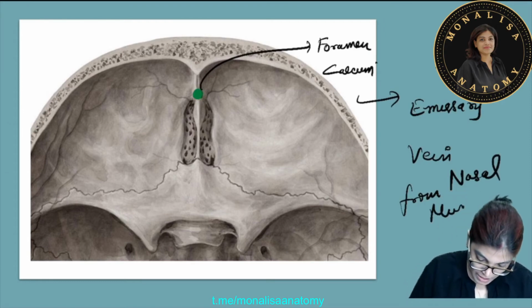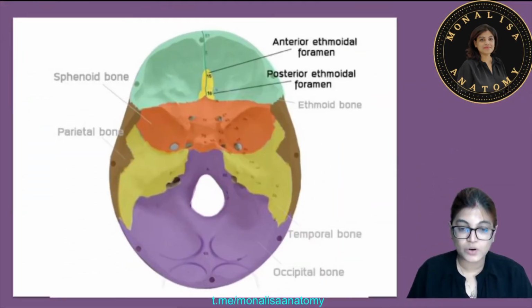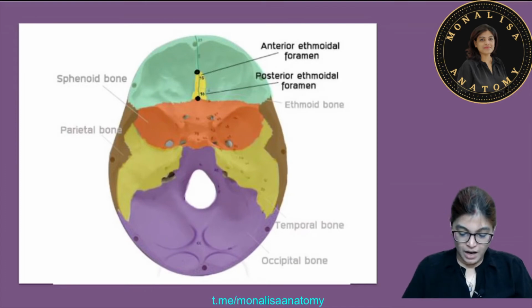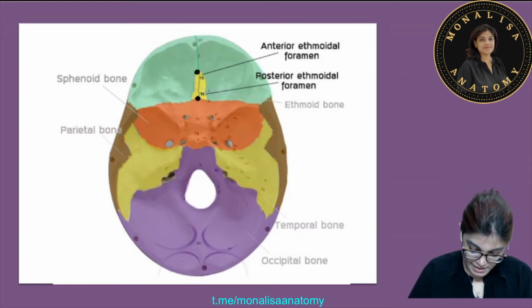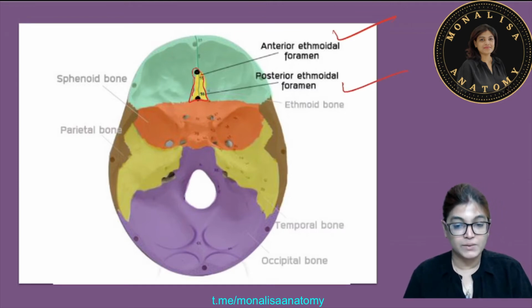Now moving to the other MCQ options. The second option was the anterior and posterior ethmoidal foramen. As you can see, this is the cribriform plate, and on its anterior and posterior aspects there are the anterior and posterior ethmoidal foramens.